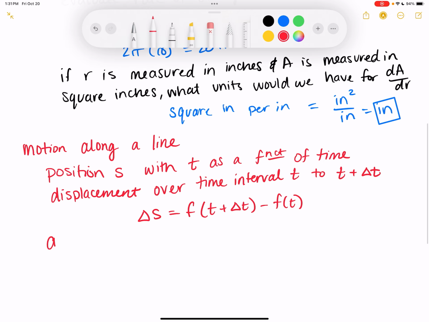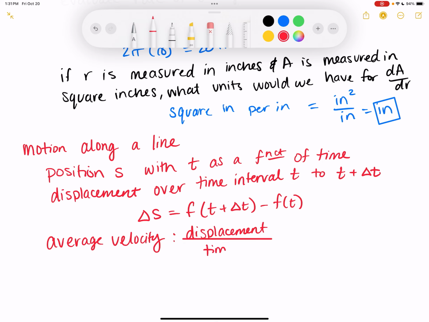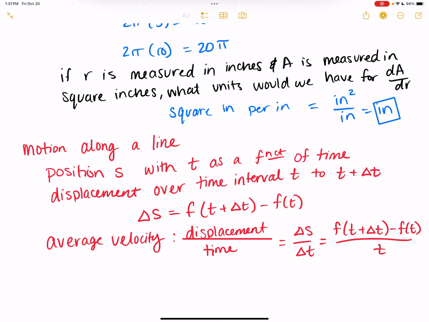So average velocity, we've heard that before, is displacement over time, which is delta s over delta t, also known as f of t plus delta t minus f of t, all over delta t.